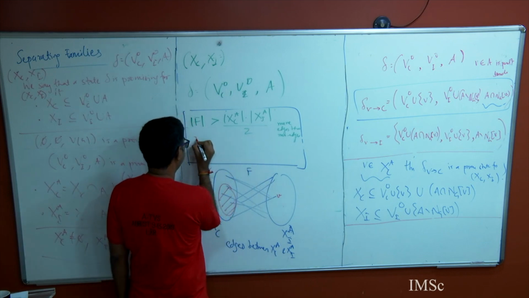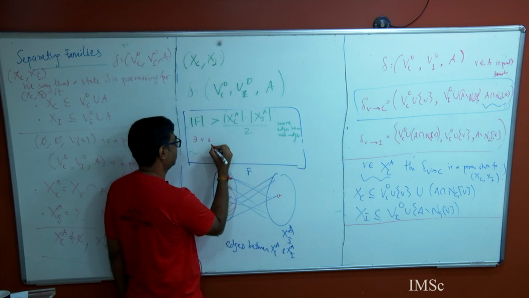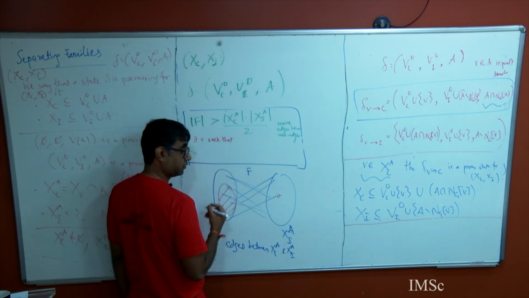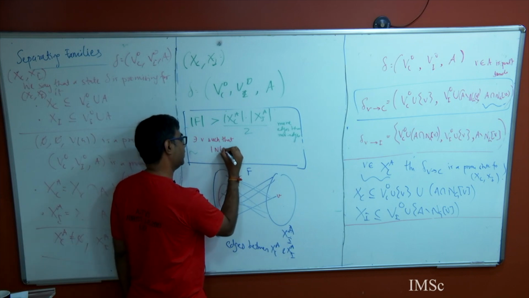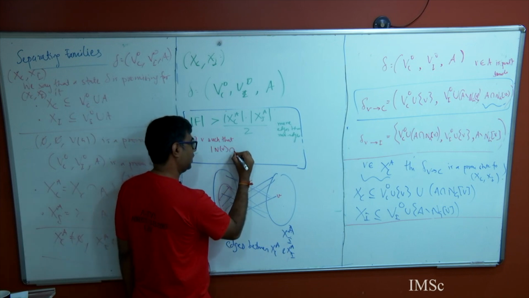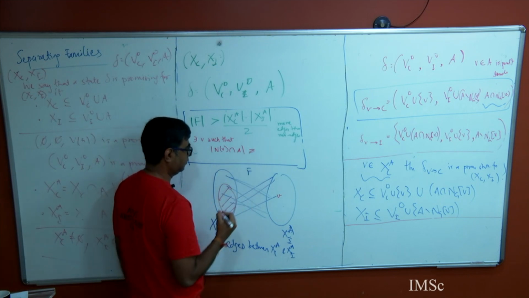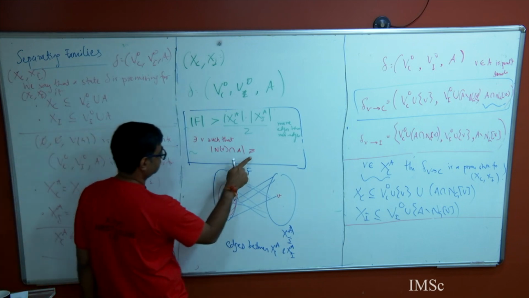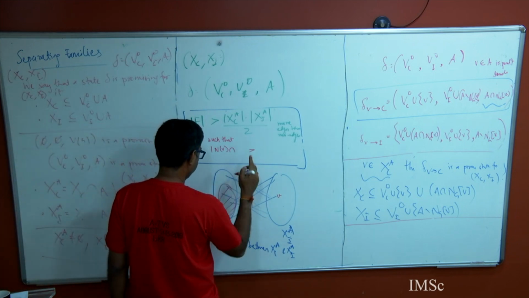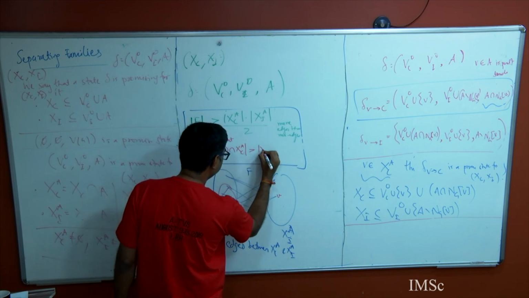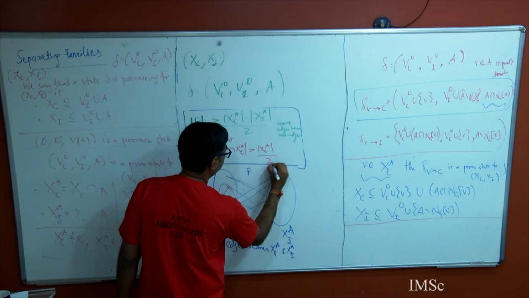Means there exists a V, just by an averaging argument, such that the neighborhood of V intersection XCA is greater than or equal to XCA by 2.